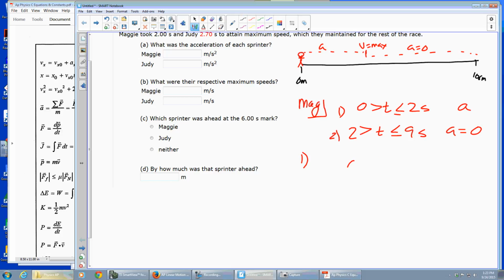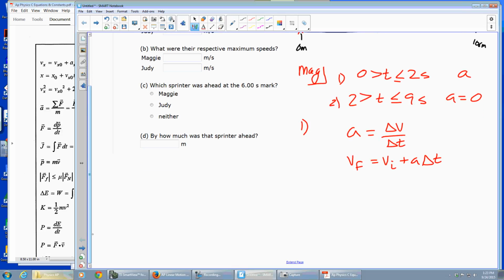Acceleration is change in velocity over change in time. And so we can say that V final equals V initial plus A delta T for that first 2 seconds. And so we can get an expression that says her velocity at 2 seconds, since the initial velocity is 0, equals her acceleration times 2 seconds, or 2a.